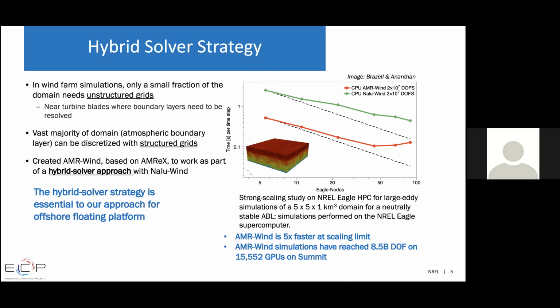So AMR wind is really implemented to help us save time, and it runs on the GPUs. It runs in AMRX, and we're able to run on the early Frontier, so Tulip and Iris. So we can run on the Intel and AMD GPUs and NVIDIA GPUs with AMR wind. So we're all set up to do that thanks to AMRX.